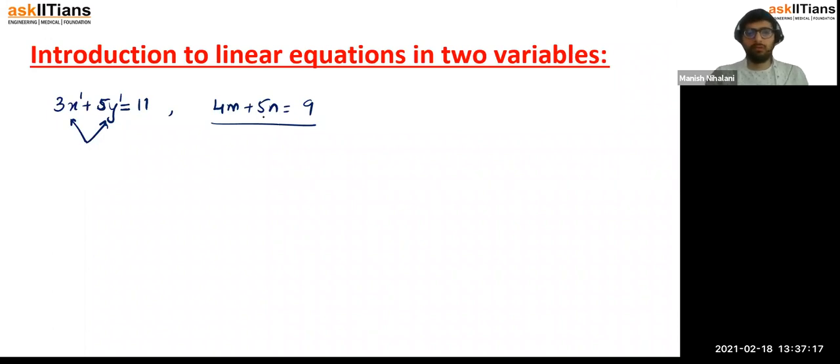Now, one linear equation in two variables can have infinite solutions. Why? What do you mean by solution? If you look at the previous equation which we solved, that is 4x minus 5 is equal to 7, this had only one solution. What was the solution?